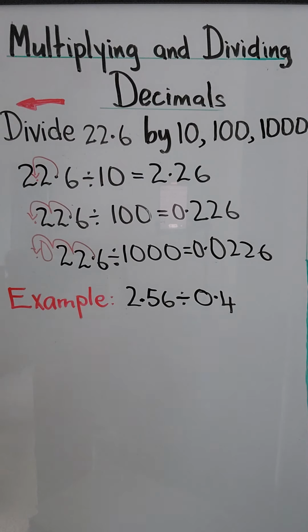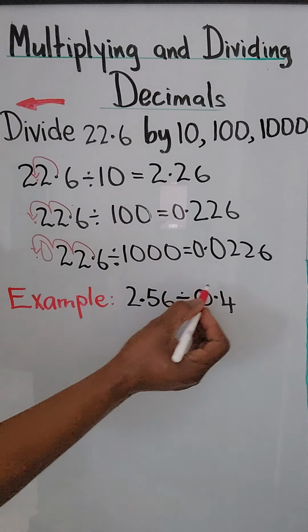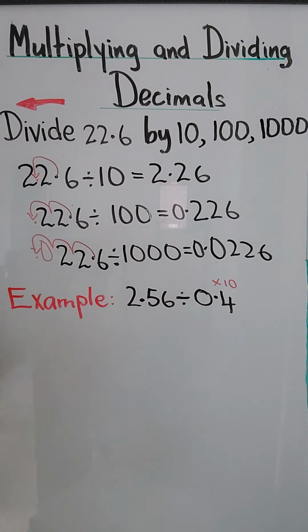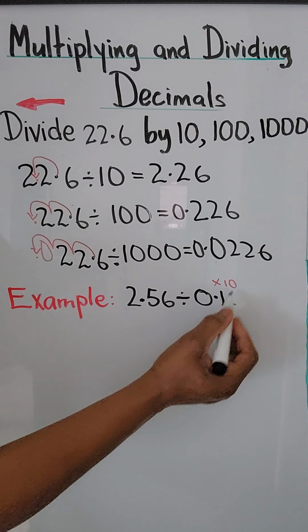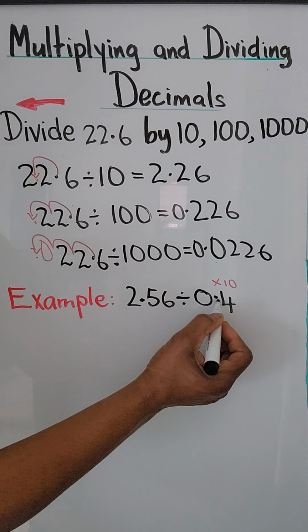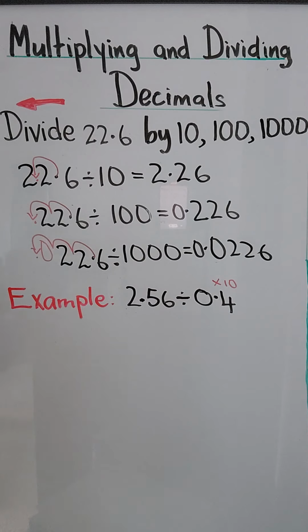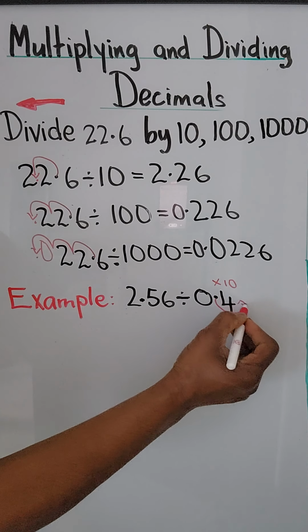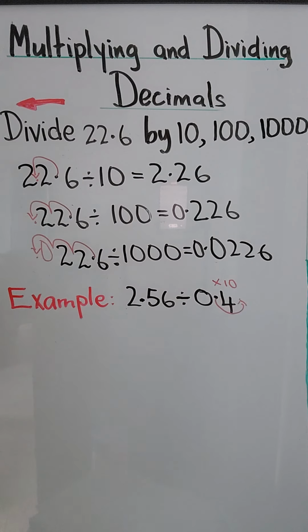So the divisor has one place of decimal, so that means to change it to a whole number we can multiply by 10. And remember, when we multiply by 10, it's one place to the right. So it will move from here, and then it will be right here.